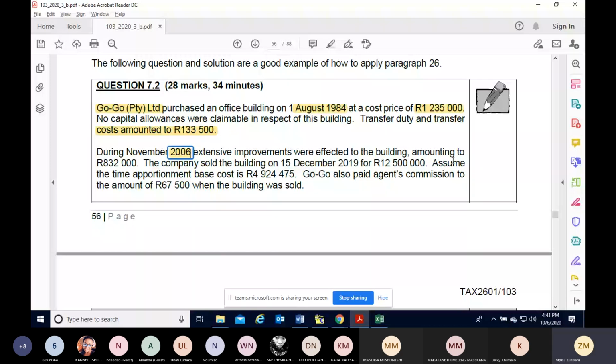The company sold the building on 15 December 2001 for 12,500,000. Assume the time apportioned base cost is 4,924,475. GoGo also paid agents commission of 67,500 when the building was sold.